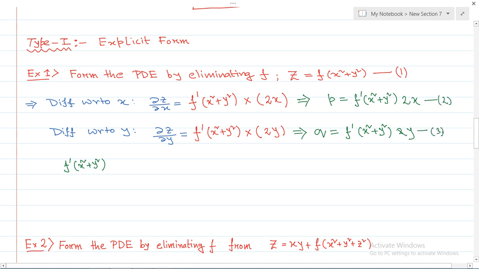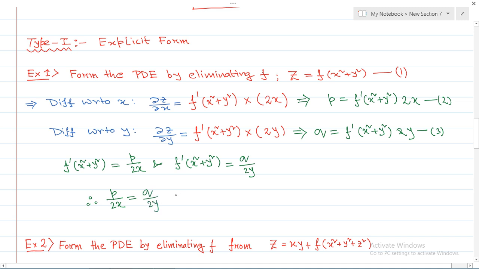So from 2, f dashed value equals p upon 2x, right? Similarly, f dashed of x square plus y square from equation number 3 we can write as q upon 2y. Since both are the same function, we can write p upon 2x equals q upon 2y.